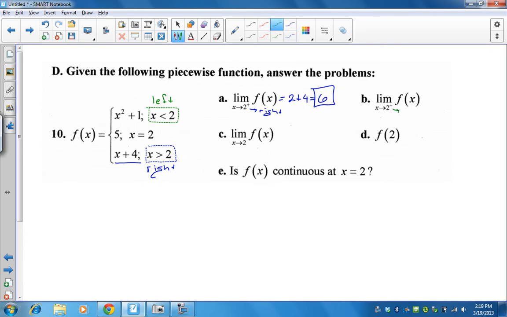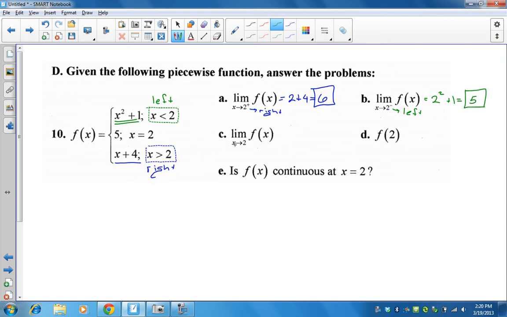Well, if I'm coming from the left side, now I have to look at the piece of the function that comes from the left. That's x squared plus 1. So I will plug in 2 into x squared, so 2 squared plus 1, and that gives me 5. So the limit as x approaches 2 from the left is 5.